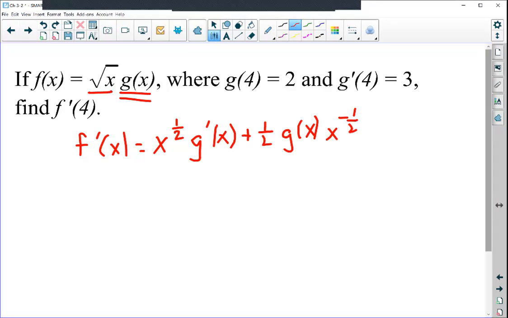And now I want to evaluate that for x equals 4.